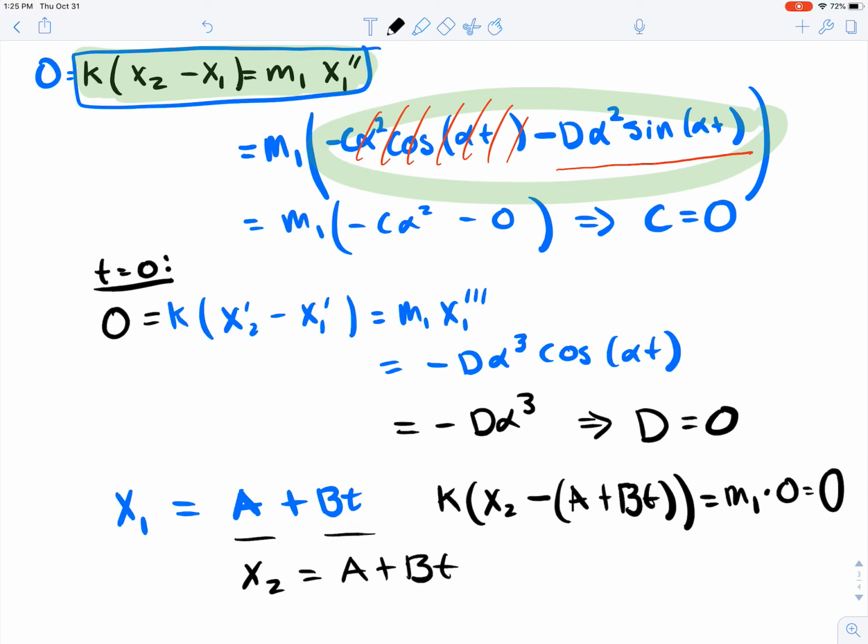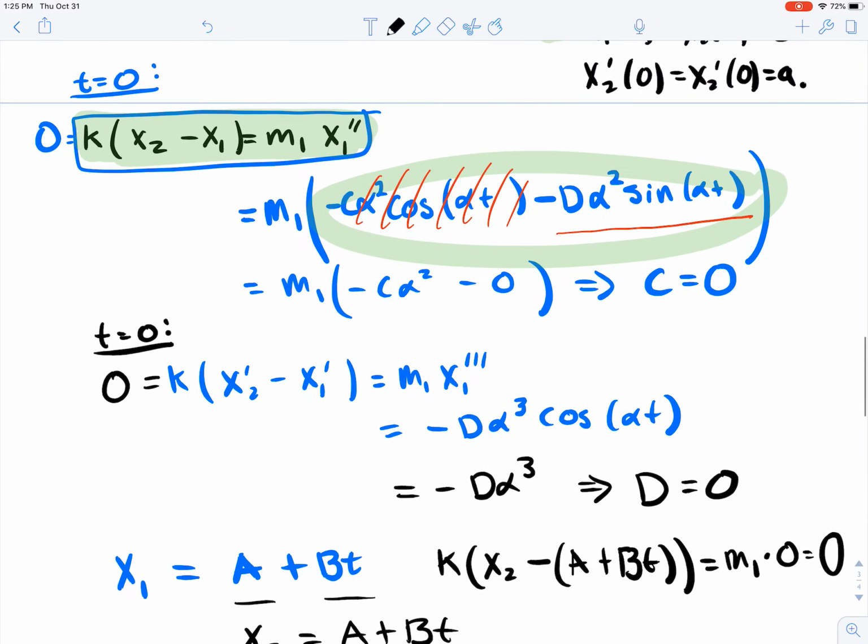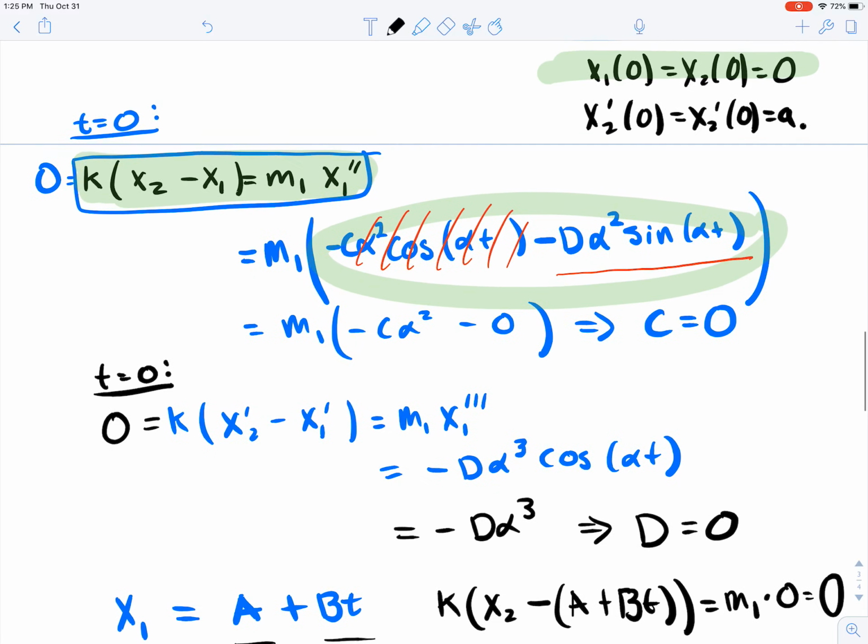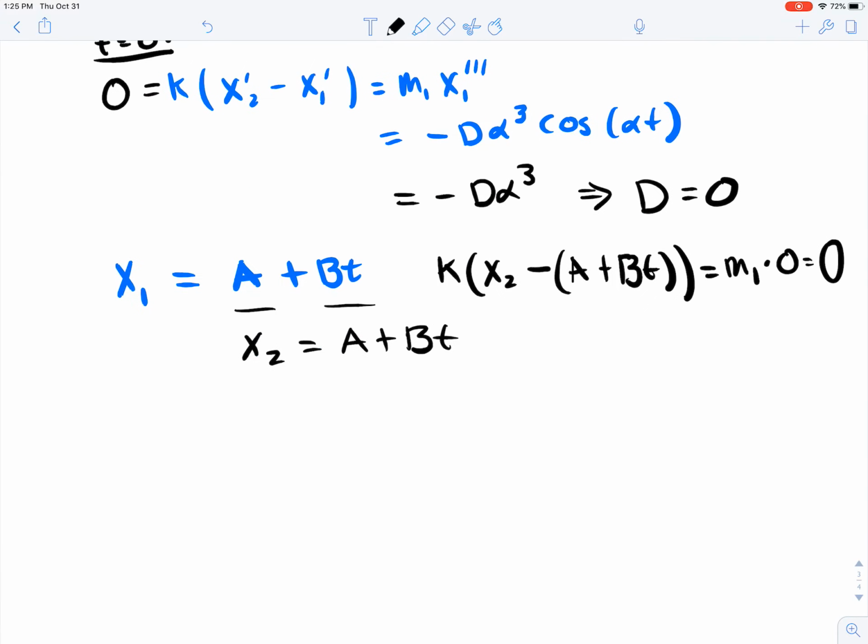All right, we're almost done. We can use the initial conditions to again solve for a. We were told that if you plug in 0, looking here at the top right, you're going to get 0. So x1 of 0, in both cases, you're going to get a.